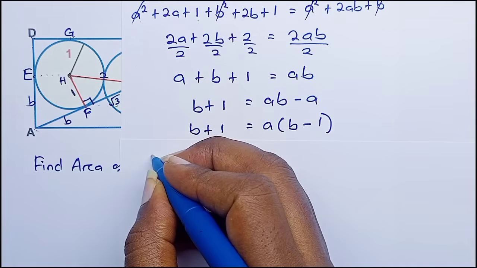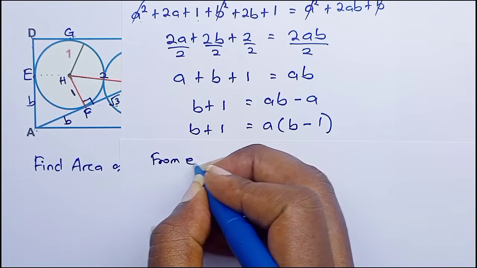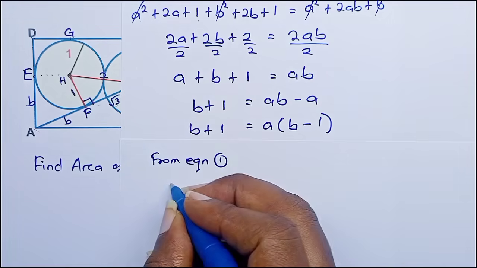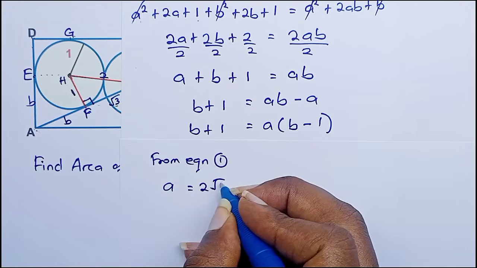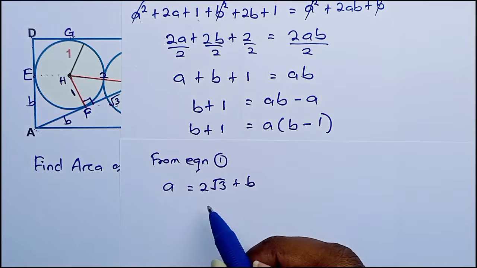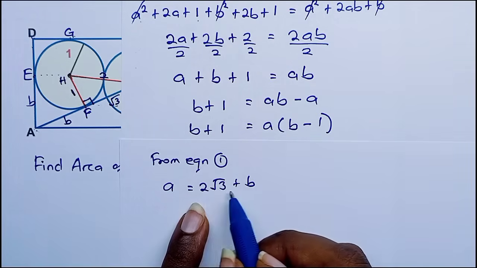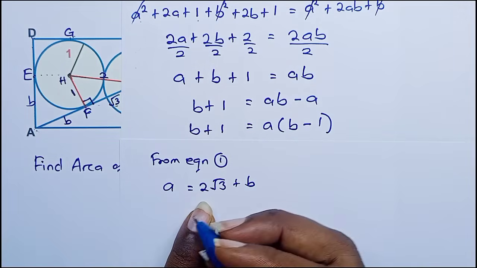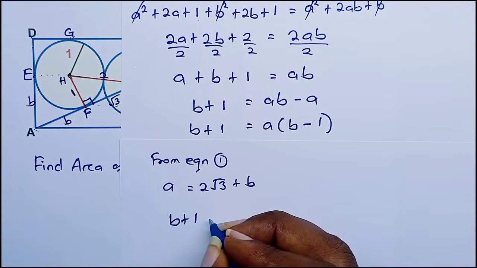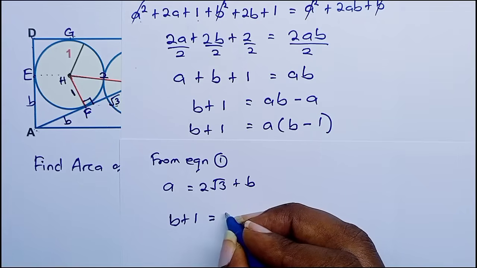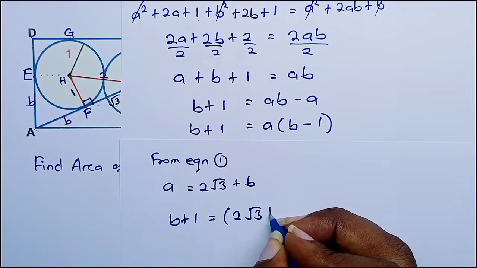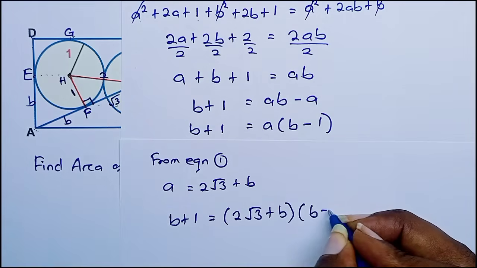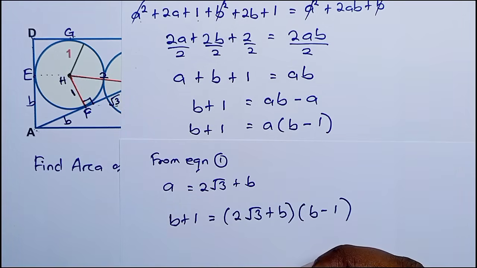Now remember, from equation 1, we had A equal to 2 root 3 plus B. So we are going to substitute this value of A here. So we shall have B plus 1 equal to 2 root 3 plus B into B minus 1.